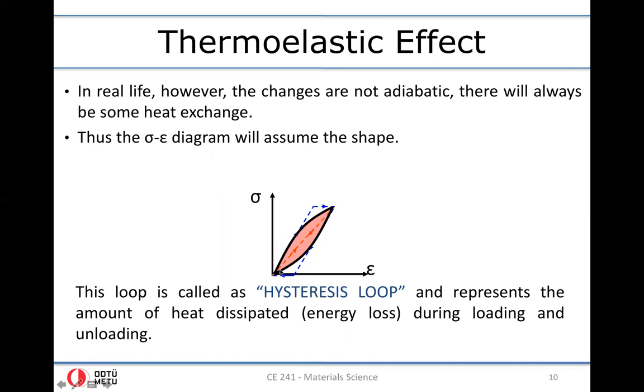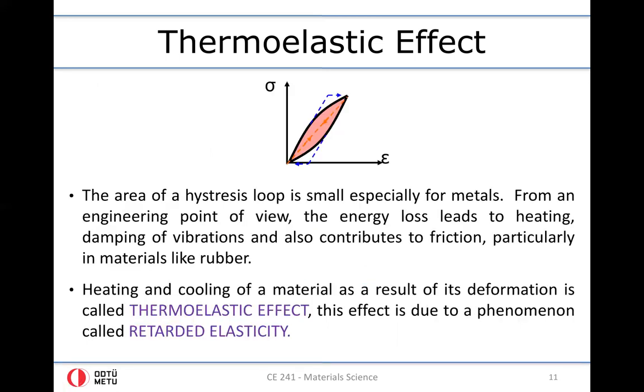Therefore, you don't generally observe what you see here: a straight line that represents the isothermal behavior, or the dashed blue line that represents the adiabatic response. But in reality, what you have is this kind of hysteresis loop, and the area in this hysteresis loop in this reddish color represents the energy lost, the thermoelastic damping effect.